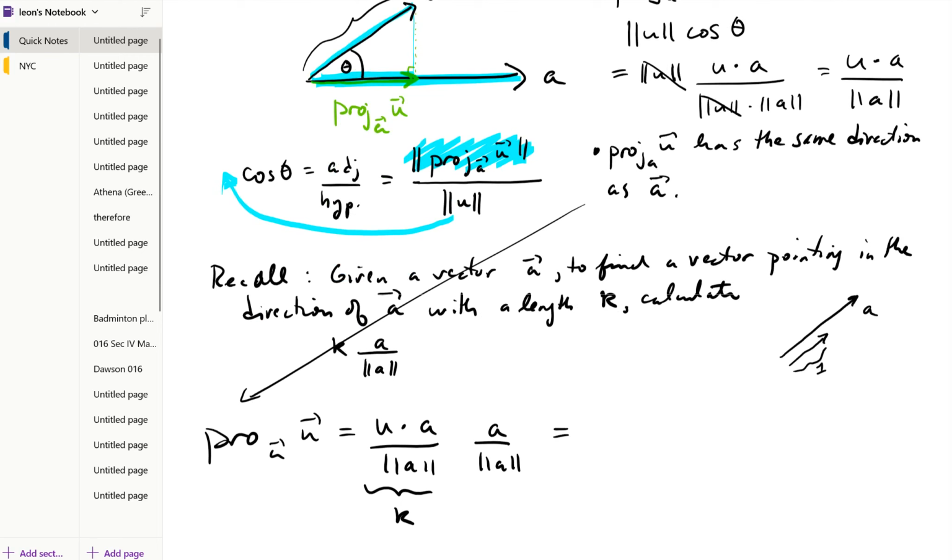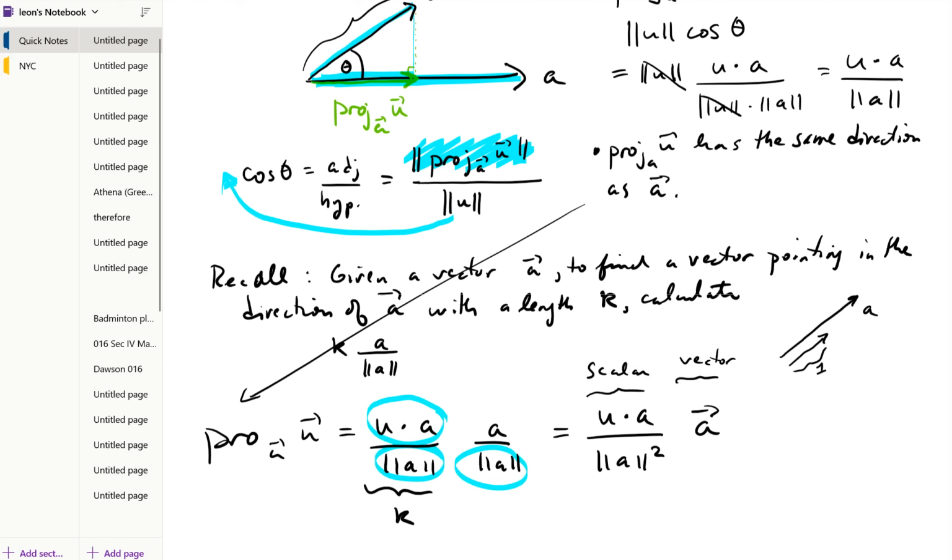You see, everything's a scalar. This is a scalar, this is a scalar, this is a scalar. So I'm going to regroup them together. This is u dot A over norm of A squared times the vector A. So what I have here is a scalar times a vector, well, that's a vector, and that's what I'm looking for, right?